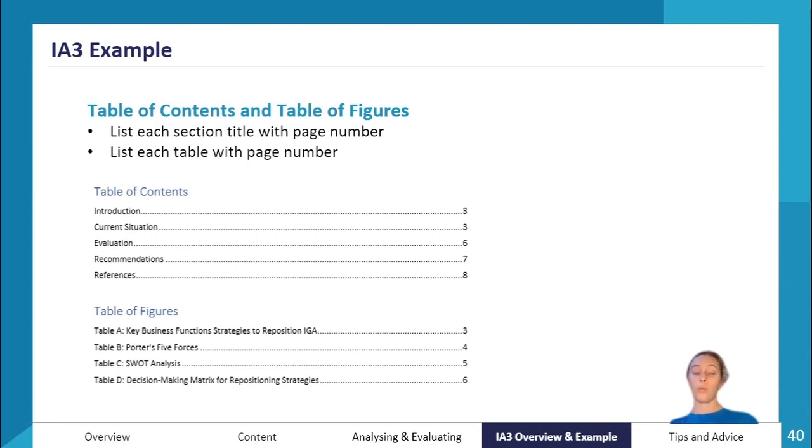So with the figures, you're going to be looking at those different analytical tools you may have done, the decision-making matrix. You may have some kind of summary of the key business strategies that the organization has employed in that repositioning that you're looking at. And so all of those figures that you'll have need to be documented in that table of figures.